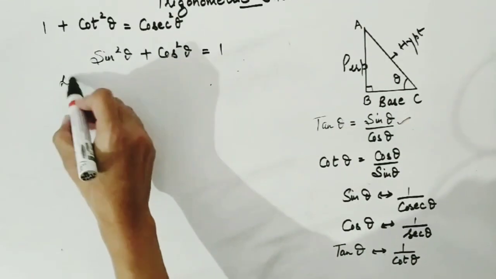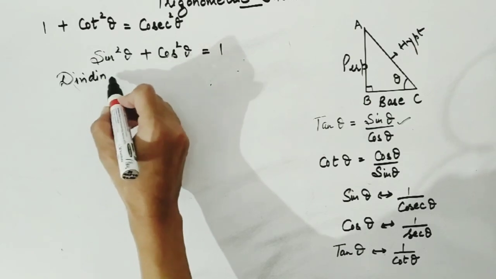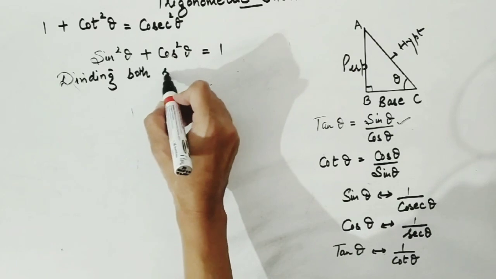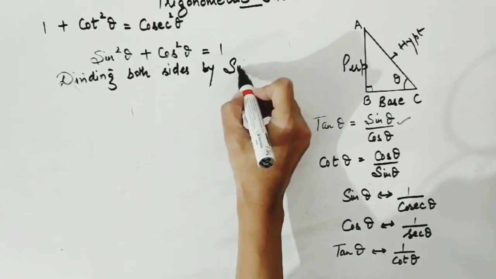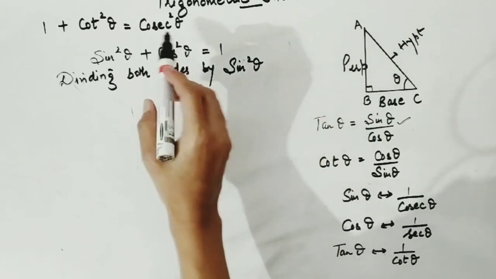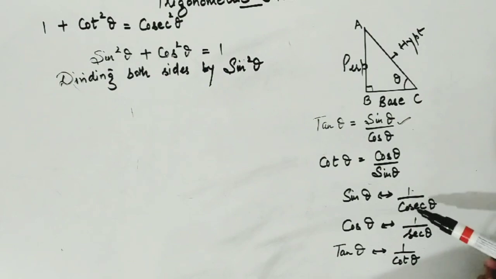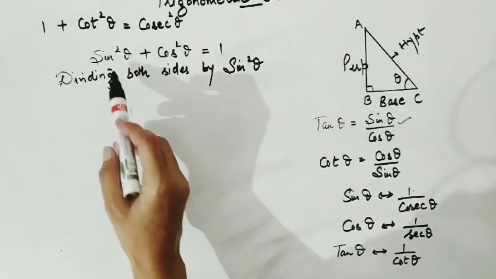Initially we divided it by cos square. Now dividing both sides by sine square, it's easy. Why sine square? Because cosec, how would you get cosec from 1? 1 by cosec would be sine. So 1 by sine would become cosec.